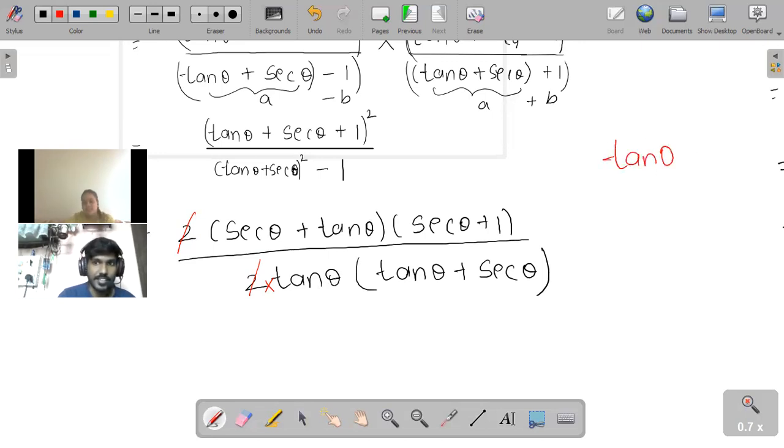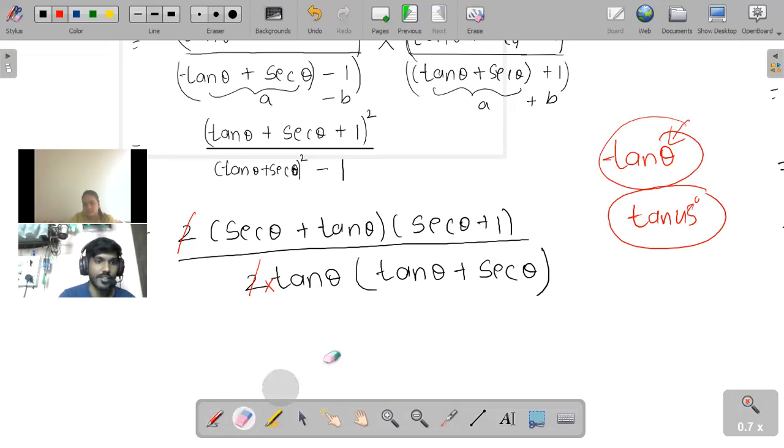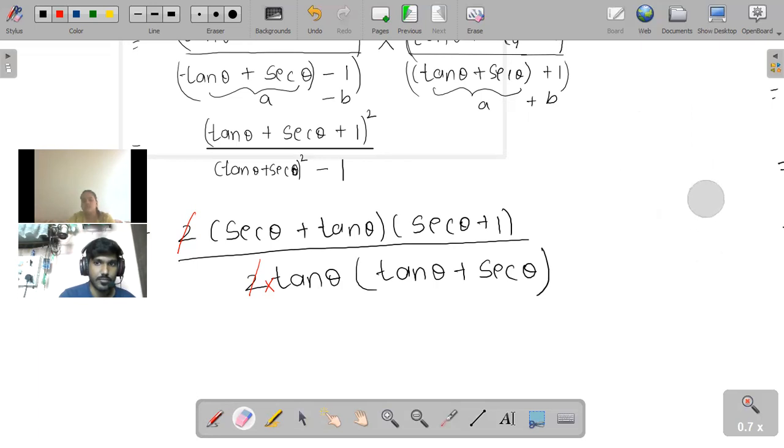For example, if your angle theta is 45, then this becomes tan 45. You cannot separate theta from the ratio tan or sine or whatever. So don't think of theta as a separate thing.